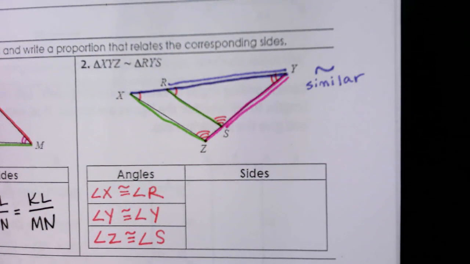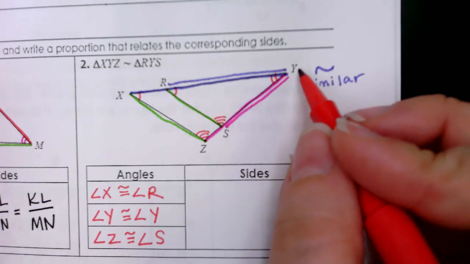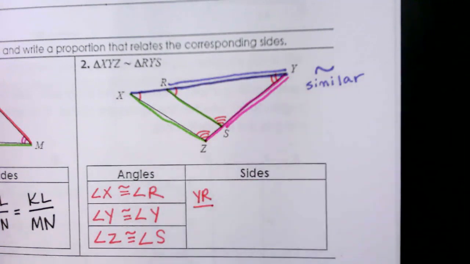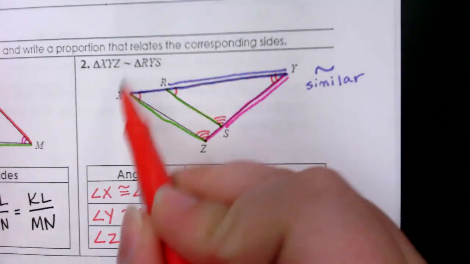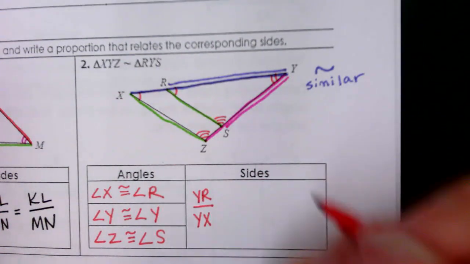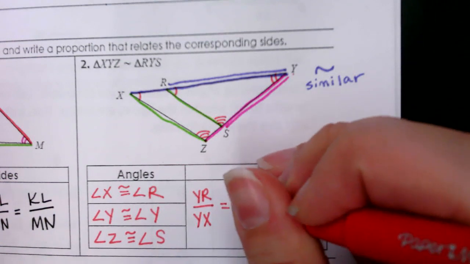So when we set up our proportion, I can start with the bigger triangle or the smaller. Doesn't matter, I just have to be consistent. So let's say I start with YR over YX. That's equal to YS.